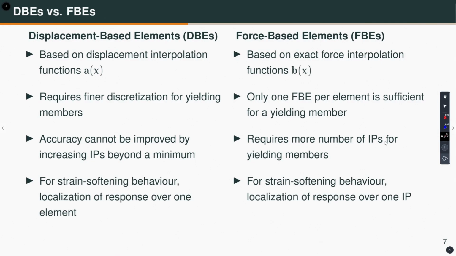For strain softening behavior, localization of response happens over one element. Here for force based element, localization happens over one integration point. All that I have stated here will be proven slowly as we go along.